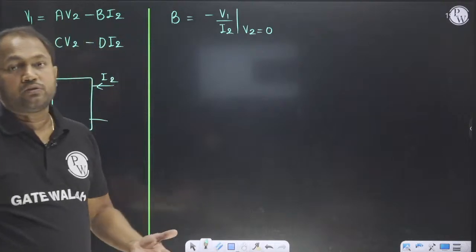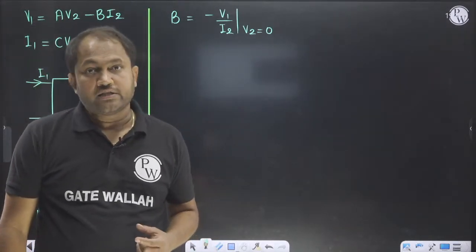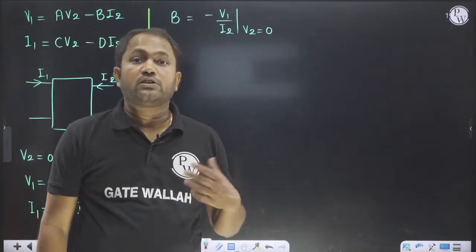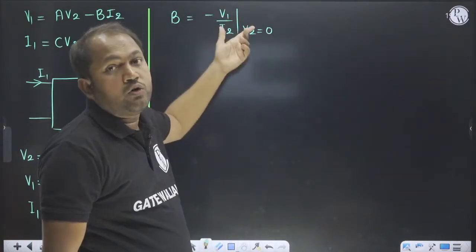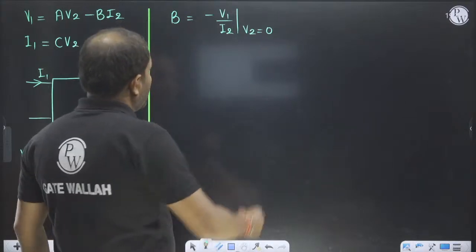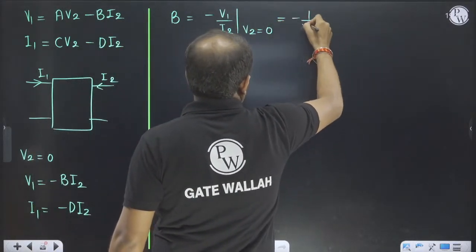V2 is 0, which means this is a short circuit condition, and for a short circuit condition you have to think Y parameter. So this will be thought of according to the Y parameter, so I2 upon V1 is equal to minus 1 by Y21.